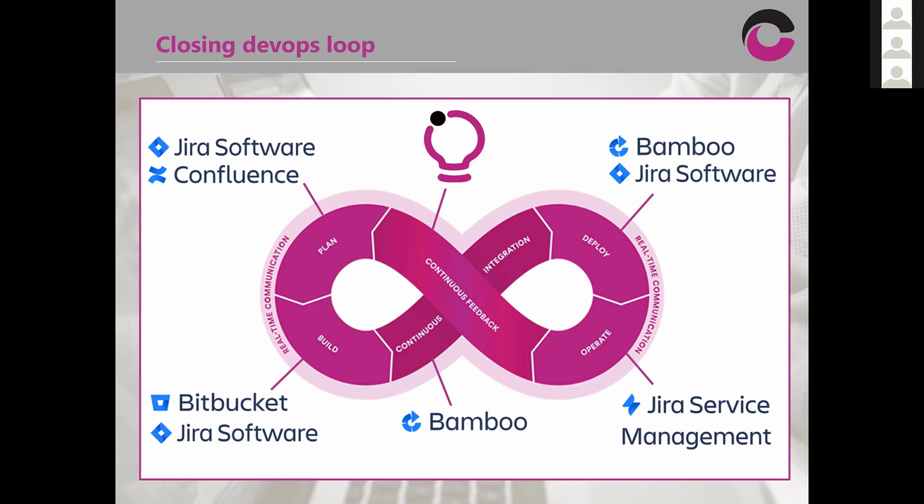It can be Jira Software. It can be Jira Service Desk or Service Management. For example, Atlassian is doing that with Jira Software, but it's not very easy for other companies. Atlassian is in a very special position here. We can use Jira Service Management for that, but it also has some disadvantages.